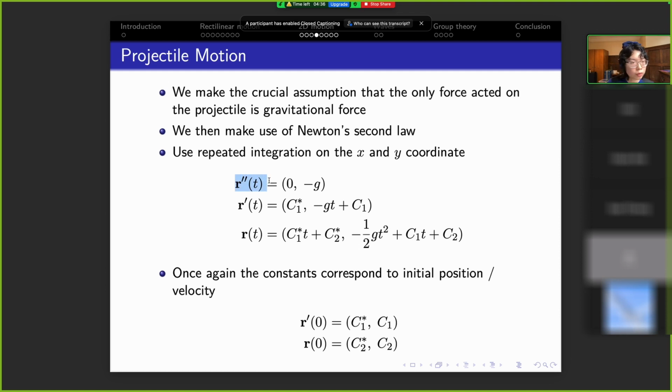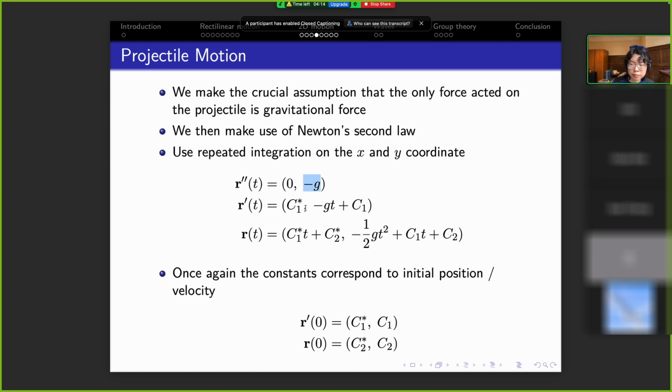The second derivative of r with respect to time is going to have 0 x component, which means there's no acceleration along the x-axis, as on Earth, but there's going to be acceleration with respect to the y coordinate. So there's going to be a negative acceleration pointing downwards.